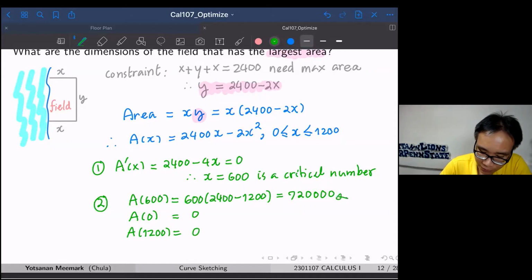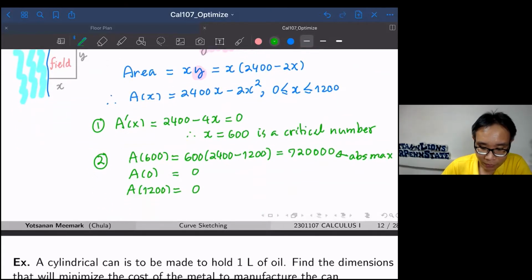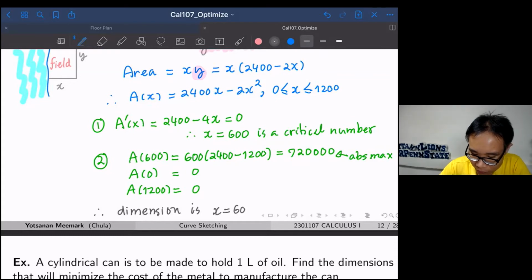And you see that this one will give you the absolute maximum for sure. And you get the dimension: x equal to 600 and y equal to 1200.